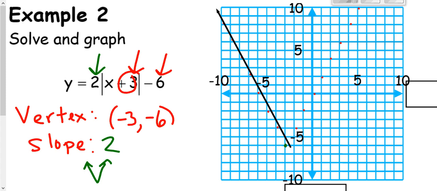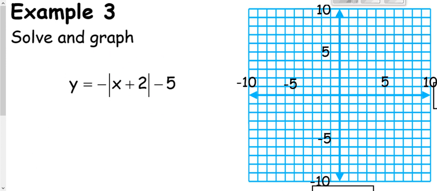And that was way off. Okay, I think I've got my lines in place. So again, the more dots you have, the more accurate your graph will be, which will be good if you're trying to find key features or if you're trying to evaluate the function, then you know for sure where it's crossing. Okay, let's try example 3.